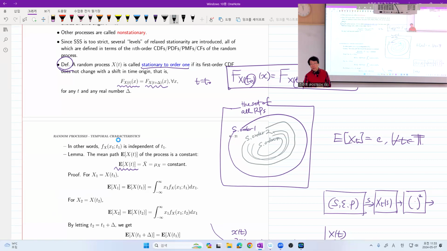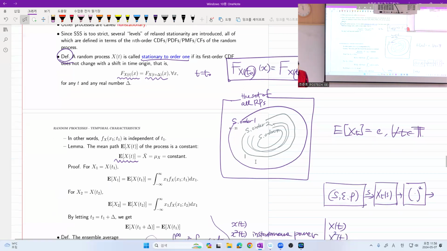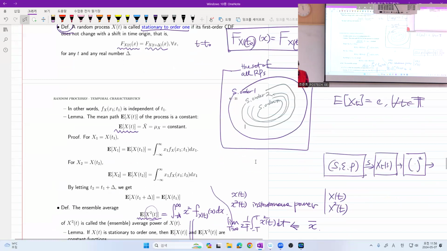Got it? So for stationarity to any finite order, we can easily define it. And now we have 1, 2, and many, but what about infinity? You may ask, what do you mean by infinity?